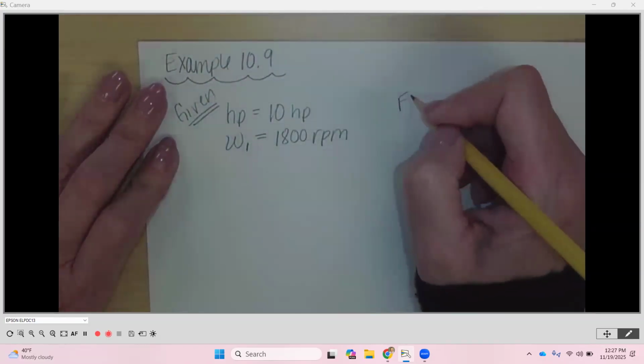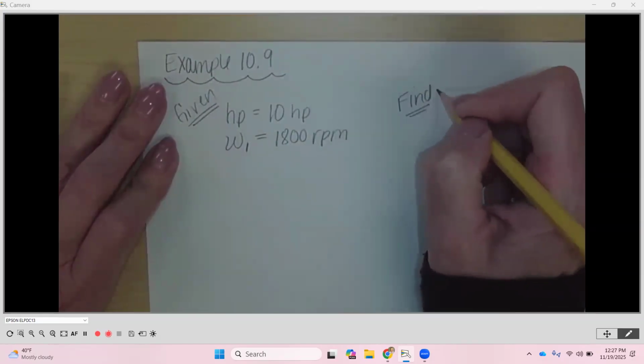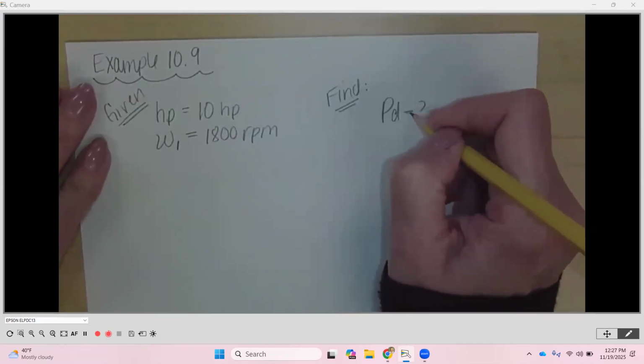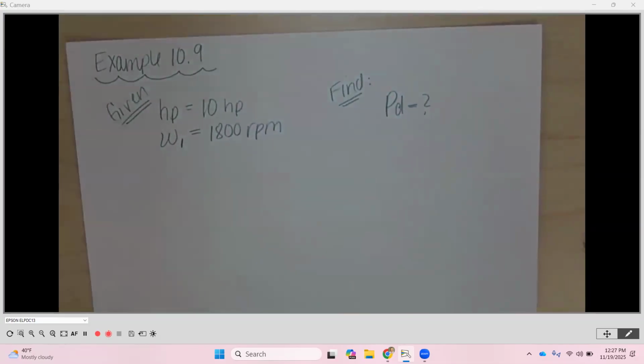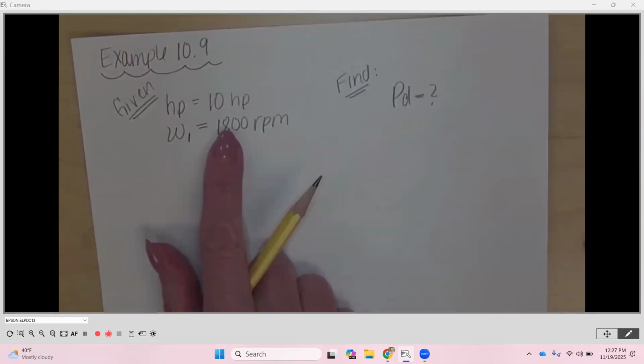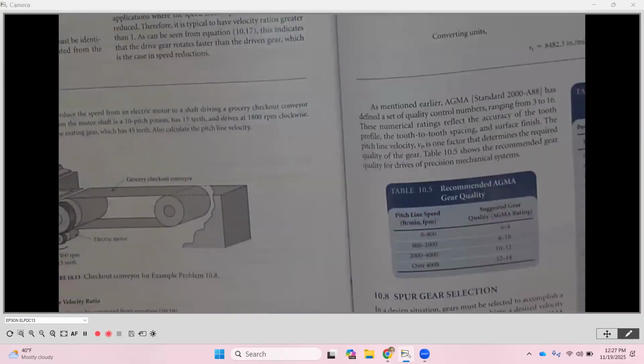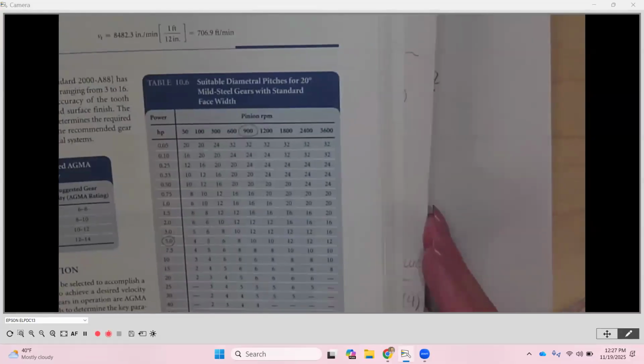What we want to find is going to be our diametral pitch. What is the size of the tooth that I want to use? So I'm going to go to that table 10.6, and we're going to use the 1800 and the 10 horsepower to find what is an appropriate diametral pitch, what is an appropriate size of a tooth.